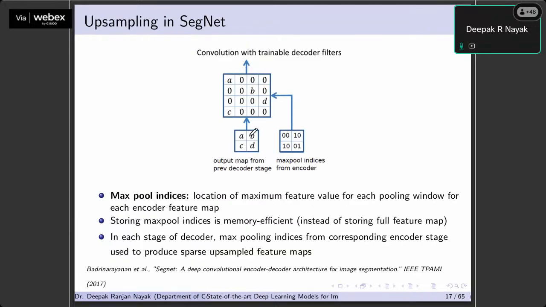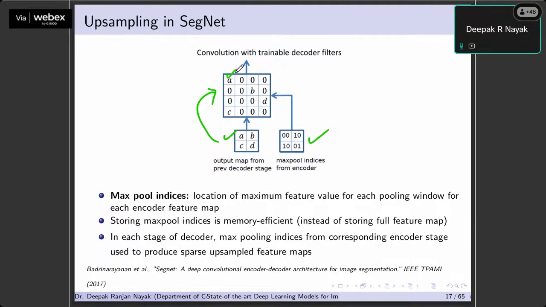You can see over here, let's say this is one output map which is given to us in the decoder stage, in any decoder stage for which you want to upsample from here to here. So how to upsample? These are the indices which you have stored during the encoding process. That means from the encoder you can consider these max pool indices. For this particular A, the winning index was 0 0.